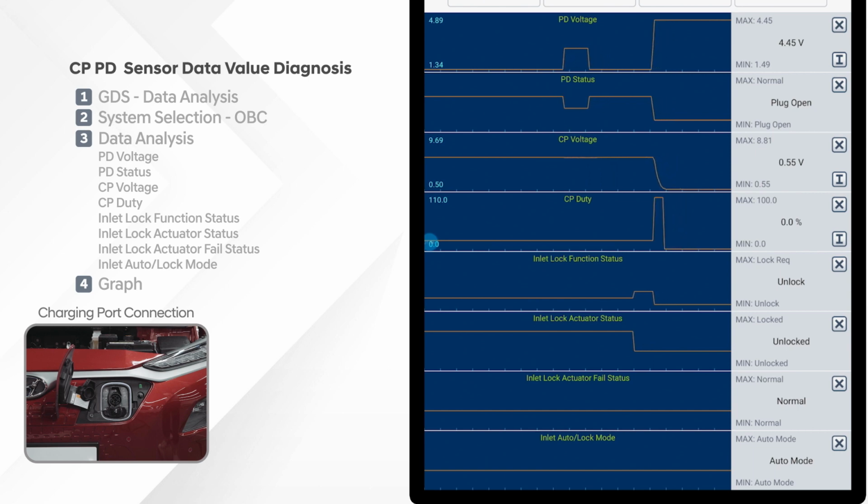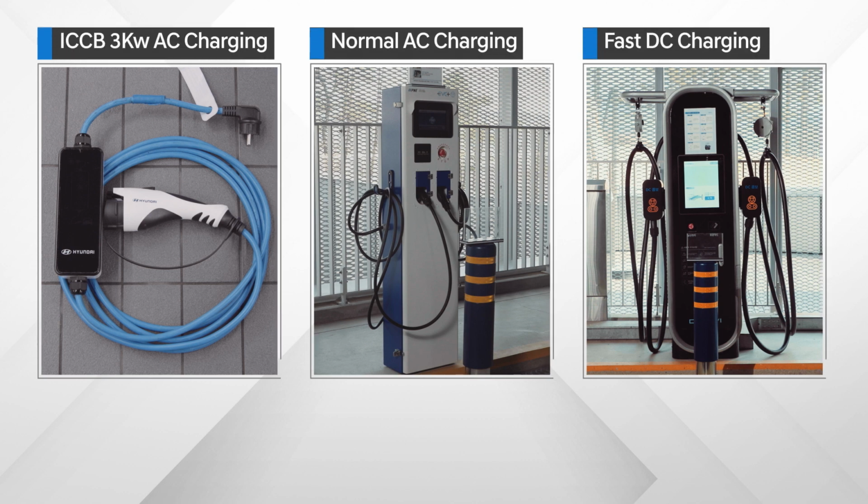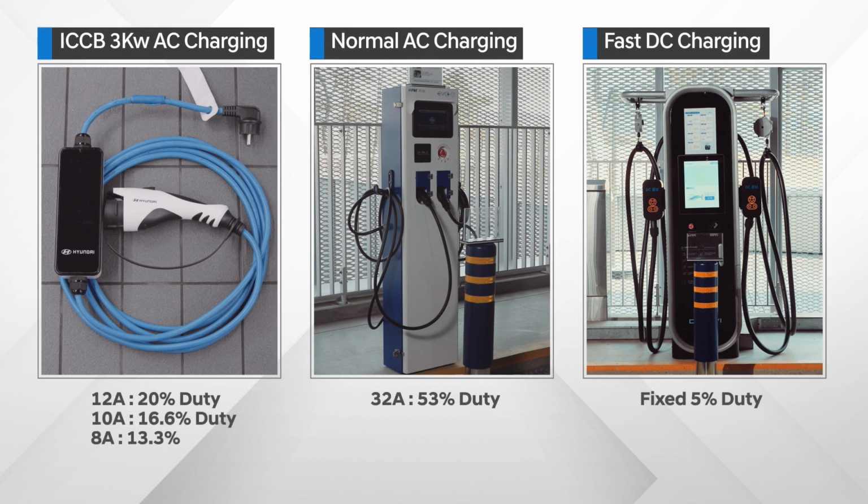As we just confirmed, the CP duty value changes according to the current supplied by the charger. In case of common 3 kilowatt ICCBs, 12 ampere charging current shows 20%, 10 amperes shows 16.6%, and 8 amperes shows 13.3%.